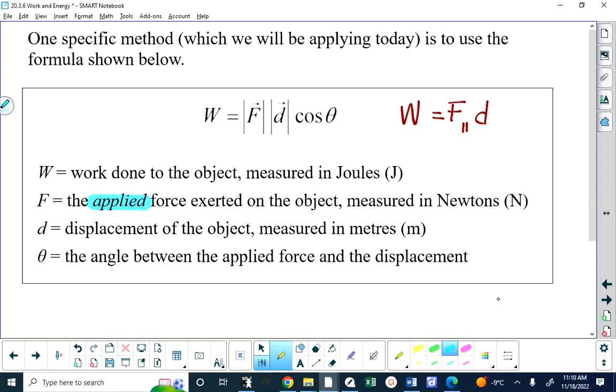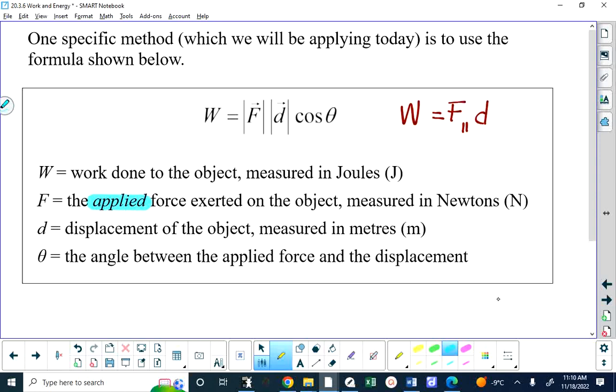But if I wanted to know how many joules of work Scout, that's her name, Scout does, then I have to use the force that Scout applies and the displacement of the wagon that Scout pulls. You don't use the force that I apply, which is almost nothing because I'm just sitting in my chair enjoying a cold drink while my dog is doing all the work. You use the force that she applies. Okay? It's always the applied force.